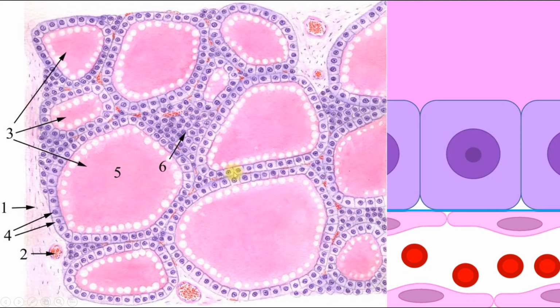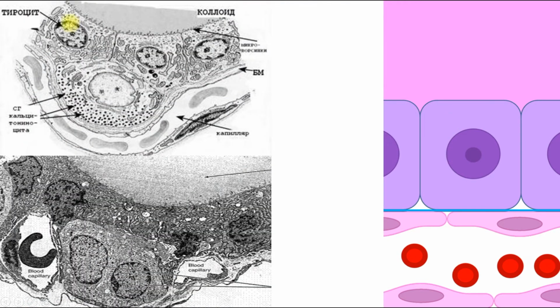Let's look at the synthesis of the thyroid hormones and how they are produced. So you know that there are thyrocytes, the main cells of the thyroid gland, and they provide synthesis of the main hormones of the thyroid gland. They produce iodinated hormones.